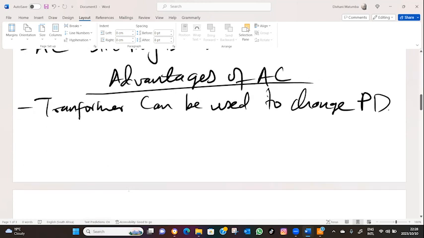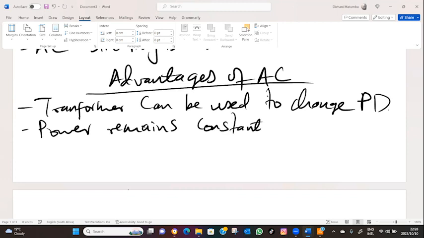However, what we know is that the power remains constant. So power, which is voltage times I, remains constant. So if we step up the voltage, the current will go down. The two will balance each other, and the power will be constant.